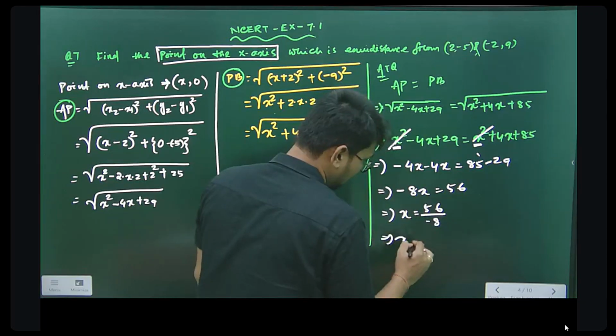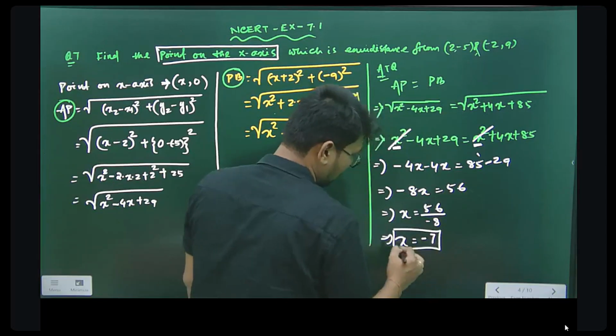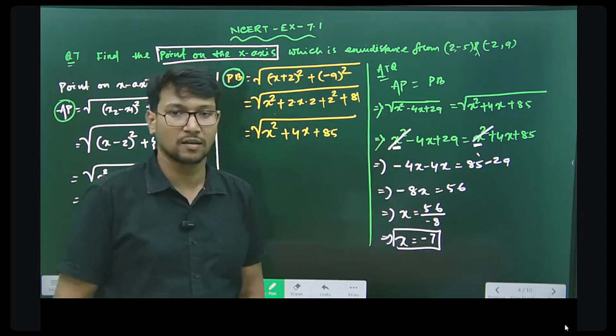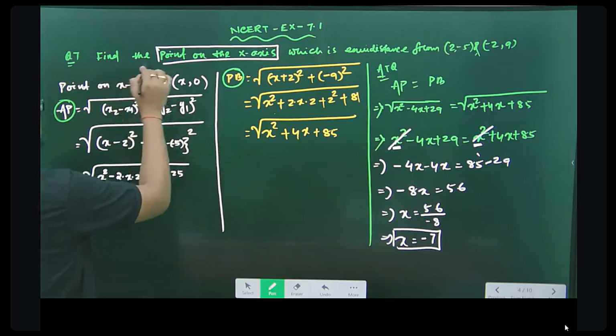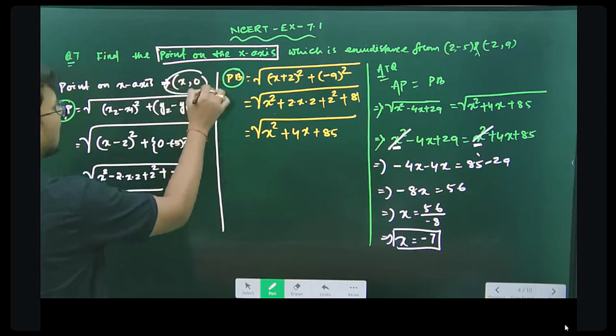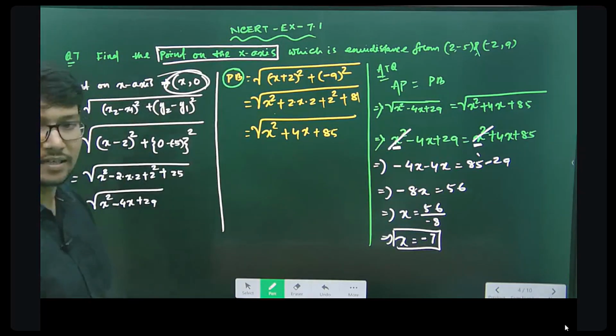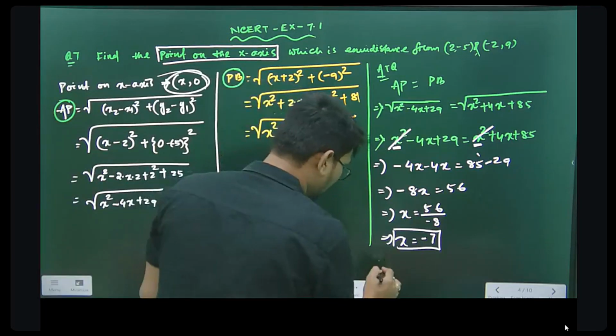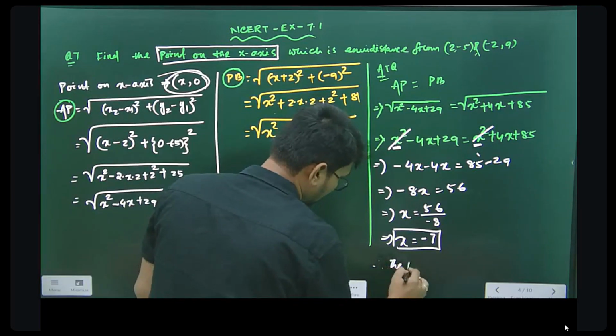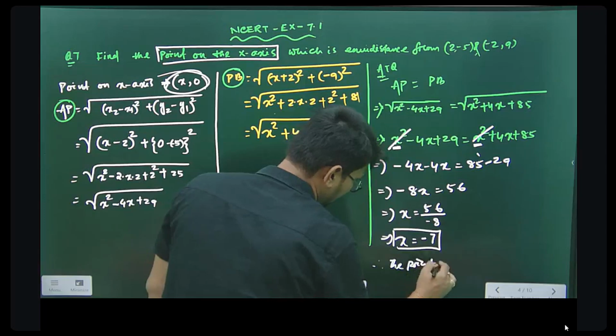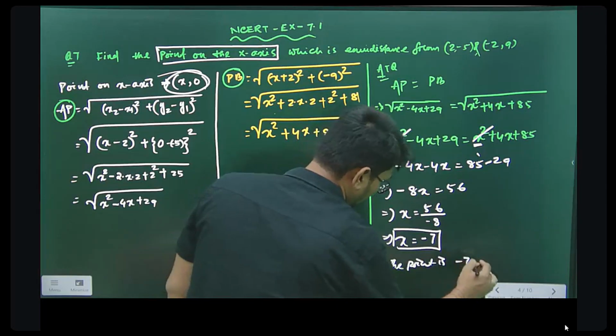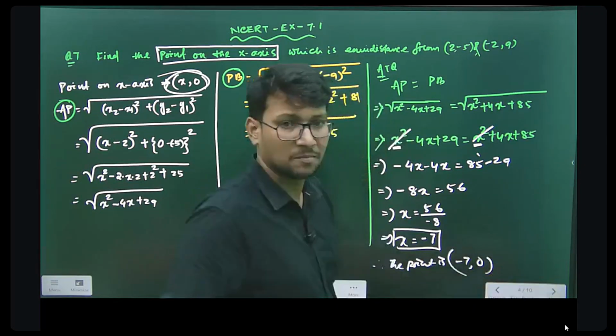So x equals to minus 7. Got it everyone? Now question is asking find the point. What we have assumed the point? x, 0. Therefore the point is minus 7, 0. Bacho, clear or not?